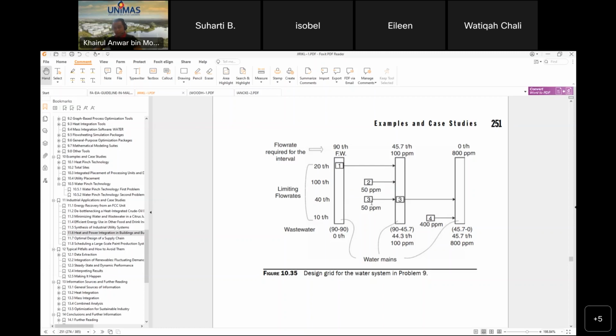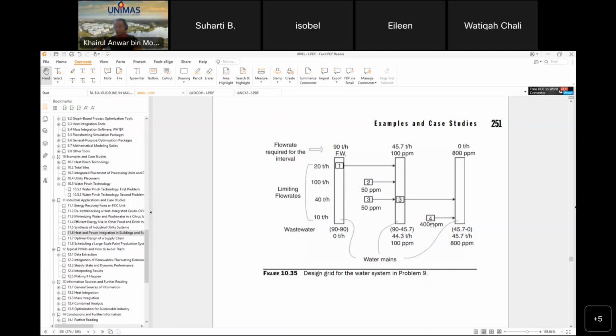The third is also 50 ppm in. I refer back to the table in slide number 40, table 10.22. From here, 90 minus 45.7 is 44.3 ton per hour. This is the wastewater.